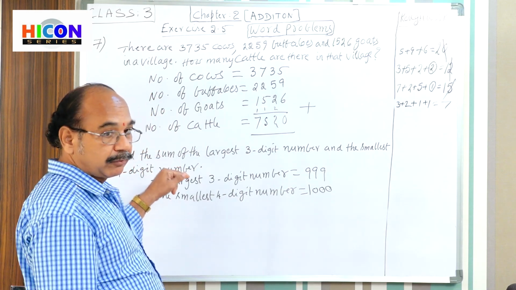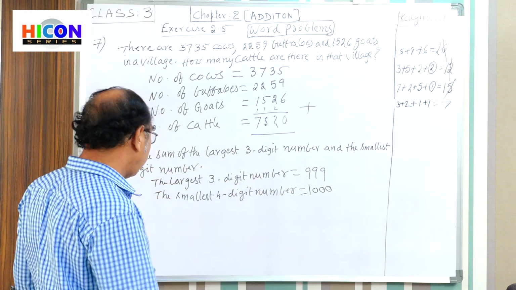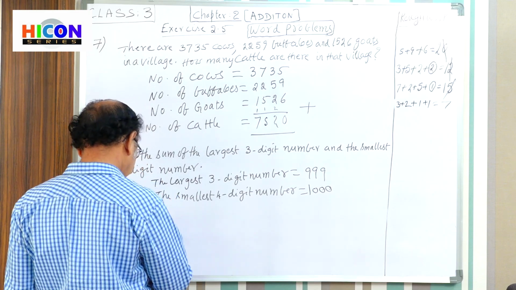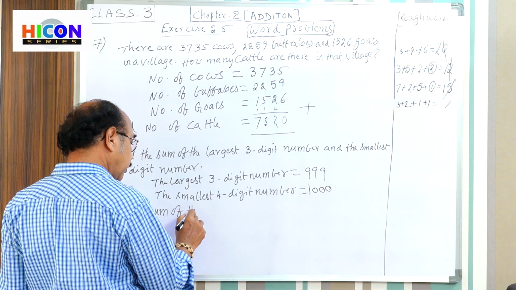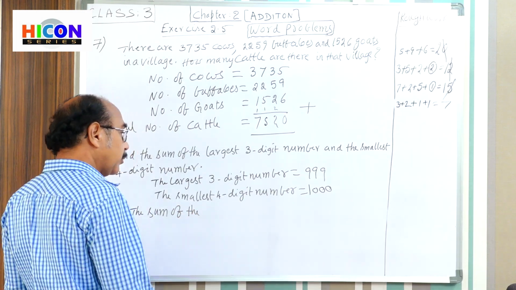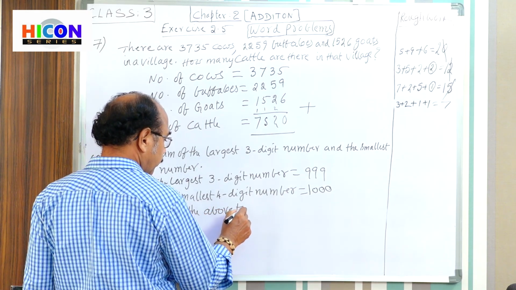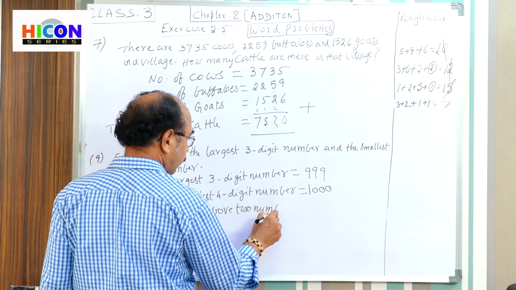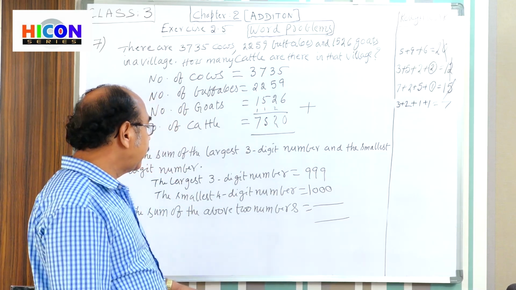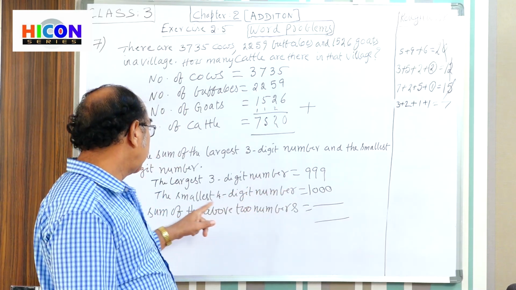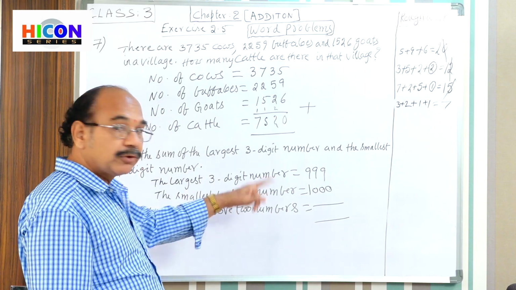Now, the total. We asked the sum of these two. So, here we write the sum of the above two numbers. That means what we are adding here? Largest 3-digit number and the smallest 4-digit number. Both we are adding.